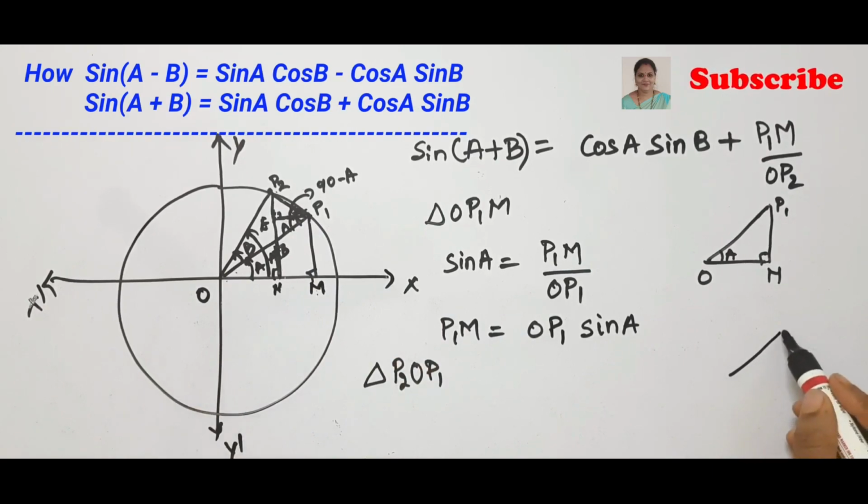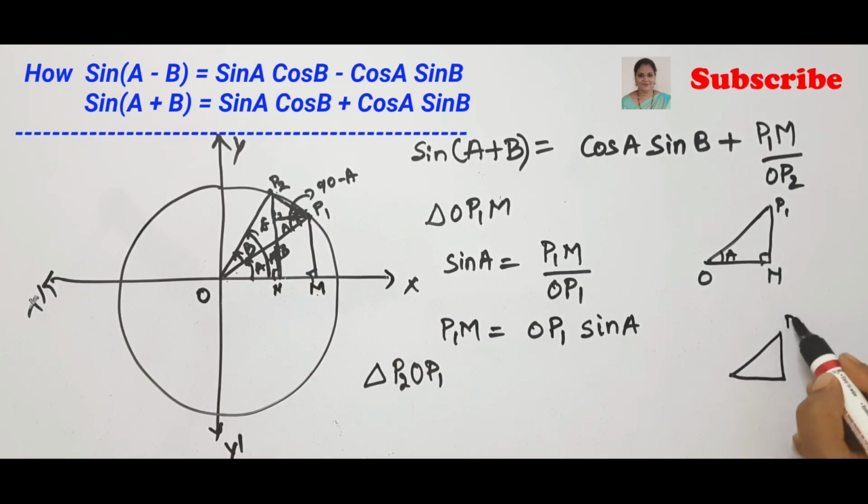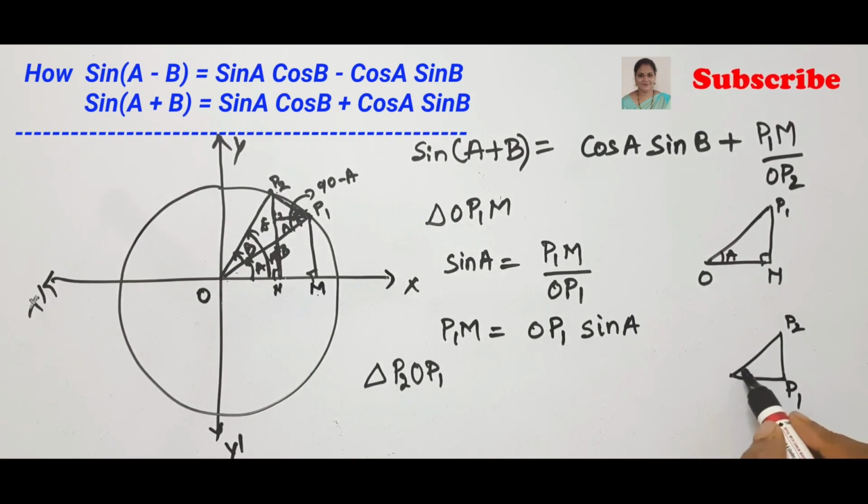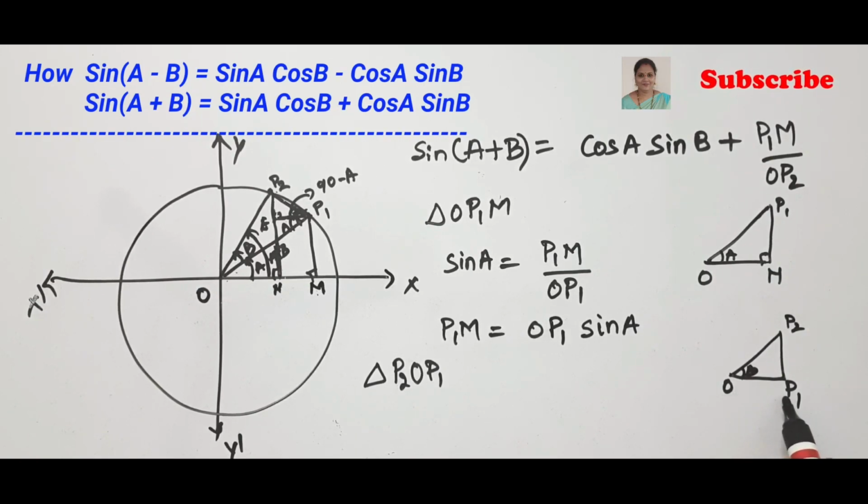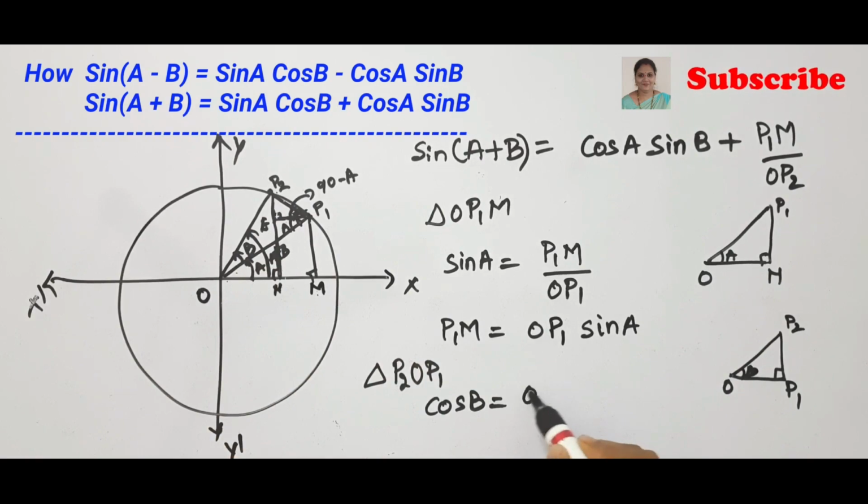The triangle is like this: this is P2, P1, this is angle A, this is angle B, this is O. We need OP1, which is the adjacent side, so we need to calculate cos B. So cos B is equal to the adjacent side, OP1, by the hypotenuse, which is OP2.